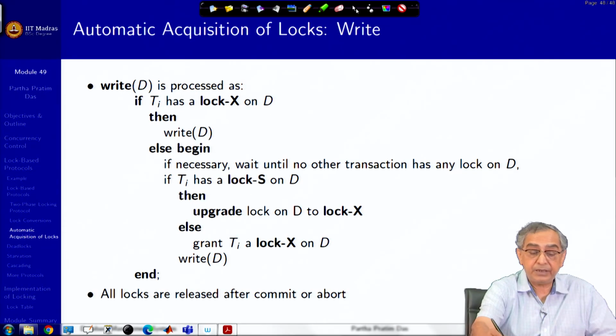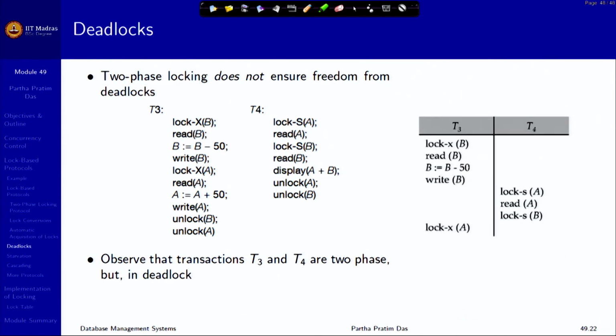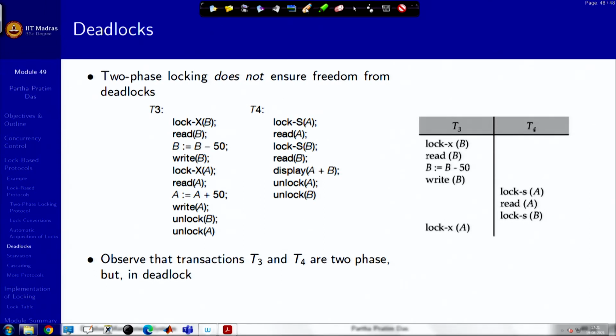Right? So, two-phase locking does not ensure the freedom from deadlocks. You can see the transactions here, they are doing two-phase locking because they are only locking.